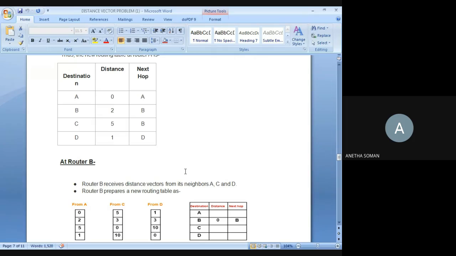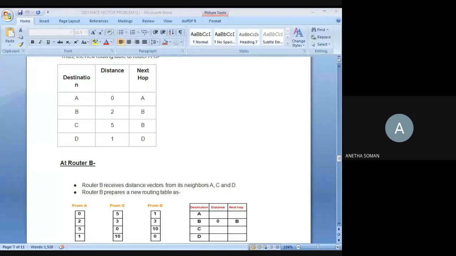Yes or no? The first two columns of A, C, and D. Yes, miss. Tell me the cost.